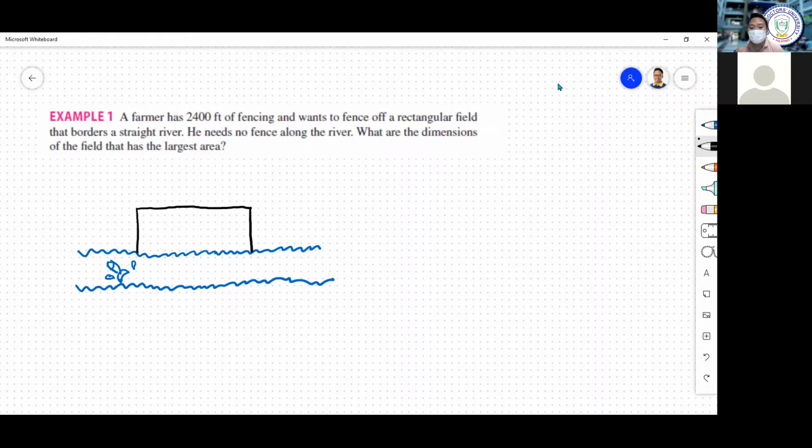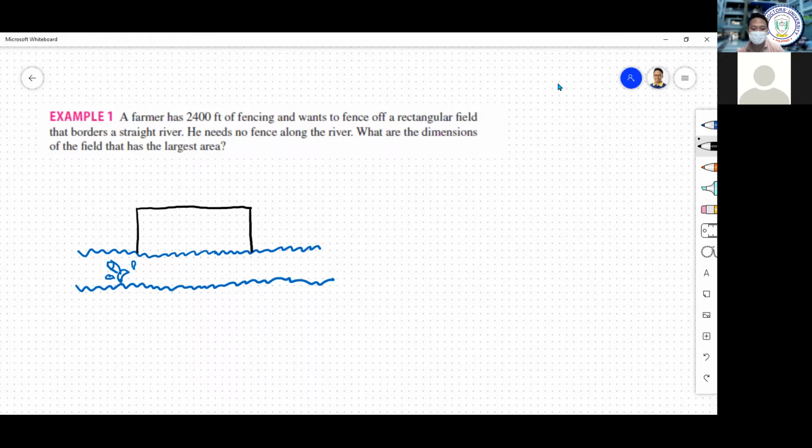Why is there no fence on the water side? The problem says that he needs no fence along the river. Maybe he wants to do something near the river, like throwing stones, and doesn't want to be interrupted by other people.